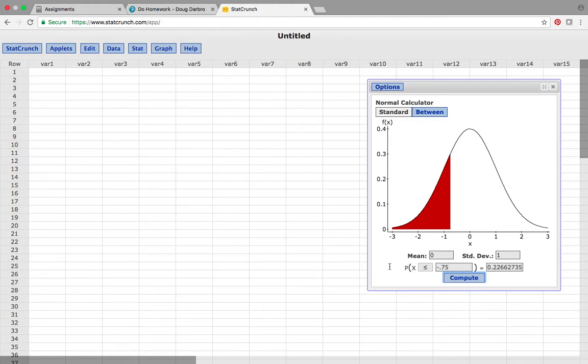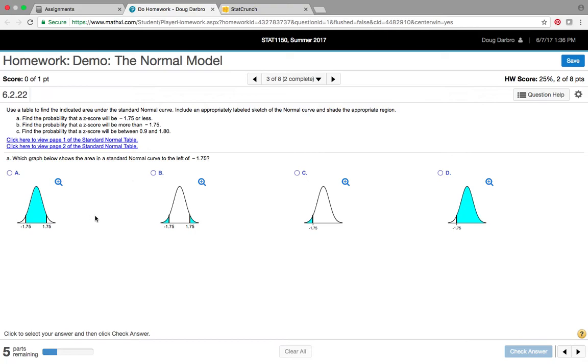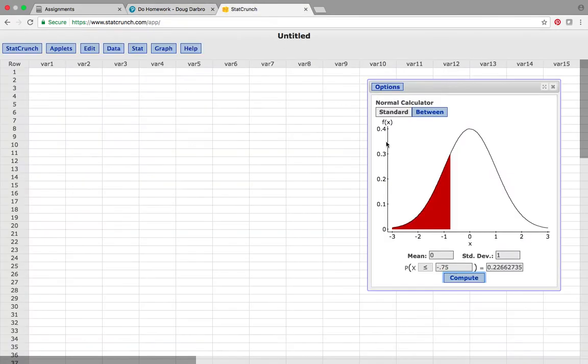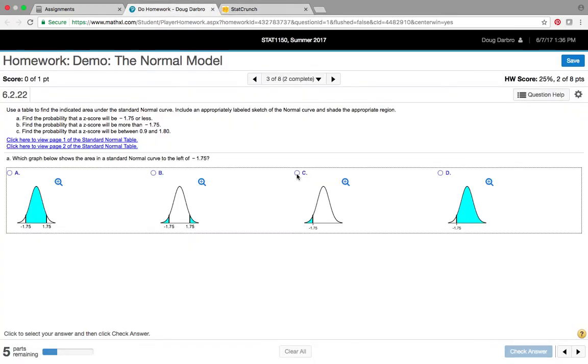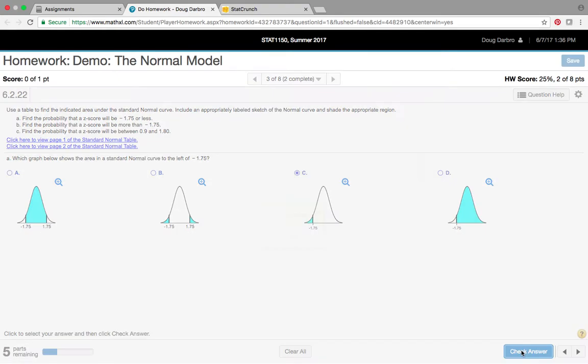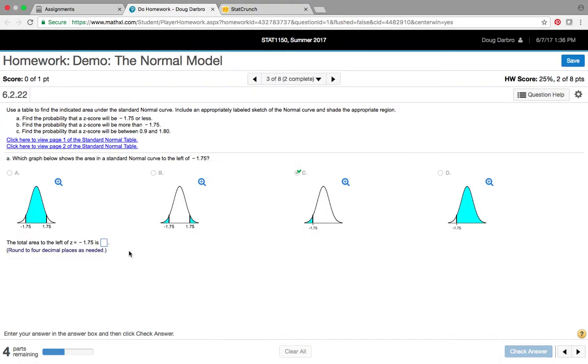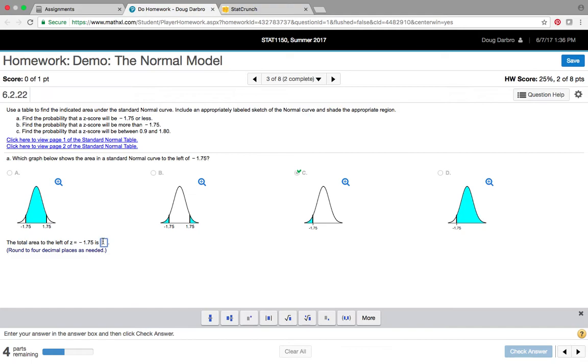So 0.2266. Now, which one matches up? Guys, clearly looking at the picture, it will be C. And the probability was 0.2266.